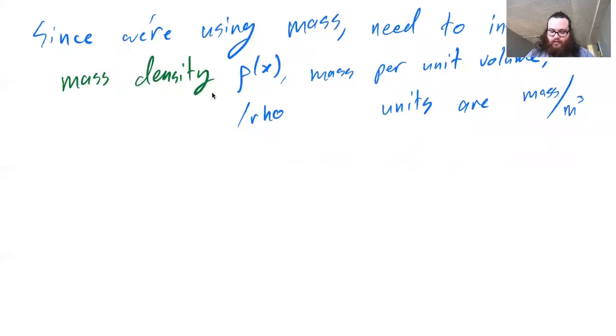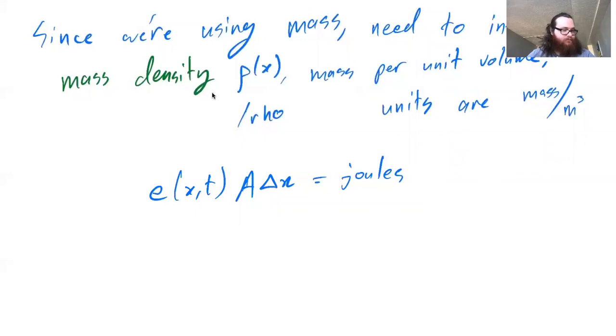Okay, so we have all the pieces we need. So recall that if we take this thermal energy density, E of x,t, multiply it by the area A, delta x, joules per volume, we end up with joules, our energy.